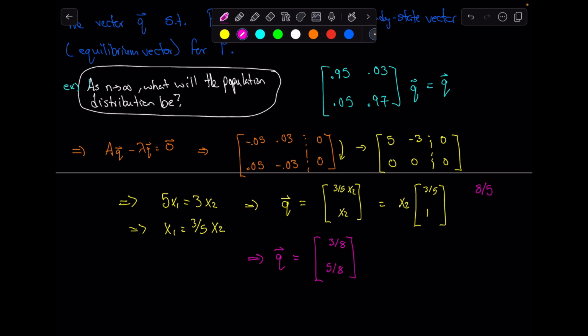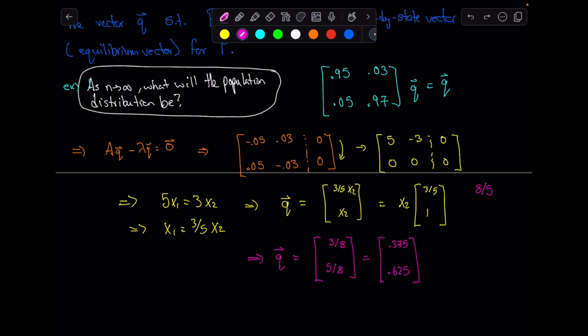And by the way, if you want to put this in decimals, this is 0.375, and this is 0.625.